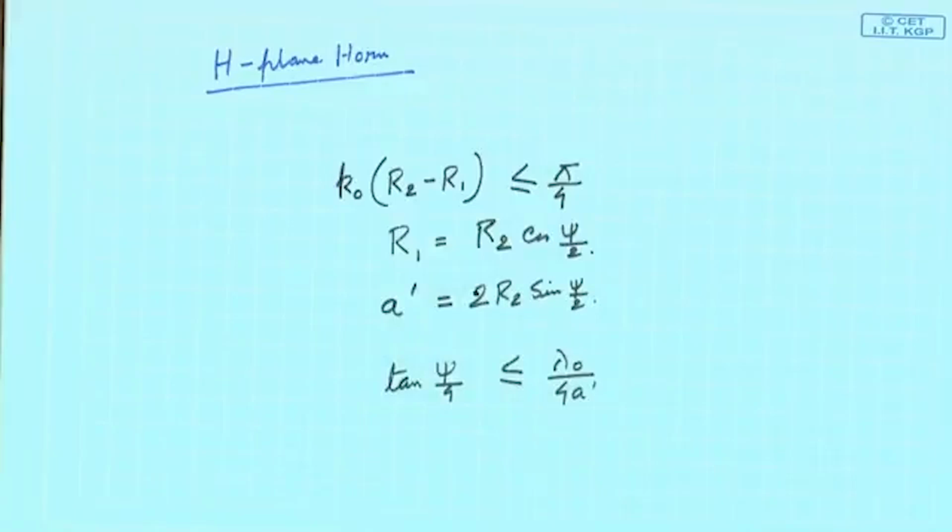Actually, if you want to produce much higher gains, a horn is not used; a reflector antenna is used to have more gain. That is why you see satellite people or radiometry people ultimately use a dish reflector, because a horn would be very bulky if you want all that gain from the horn.